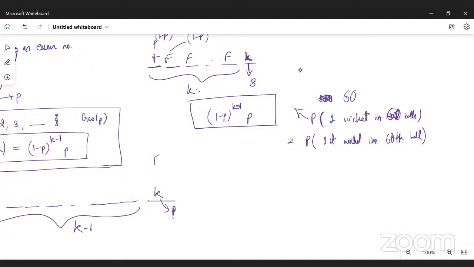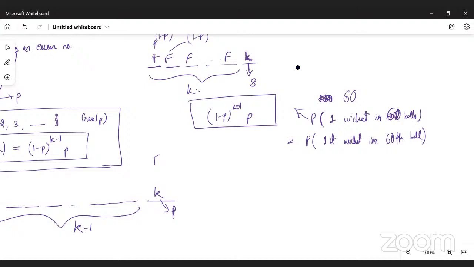So that makes the difference, right? And that makes the second one a geometric distribution. Also, the probability of success, getting a wicket, should be the same throughout the balls, right? That also matters here. Ma'am, in the first case n is 60 and in the second case n is 120, right?